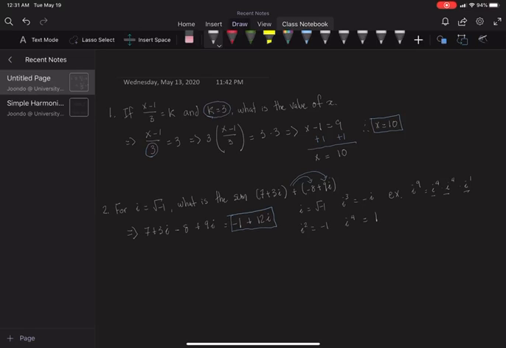So i to the 4th here is 1, i to the 4th here is again 1, and here is just i. So 1 times i is just i. There are clever tricks that you can do. We can do the same thing for i to the nth power for any integer n. We can use this trick for these kinds of problems, which I've heard sometimes appear in the ACTs, on my own research.